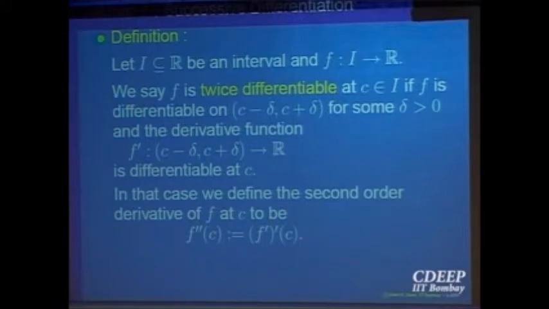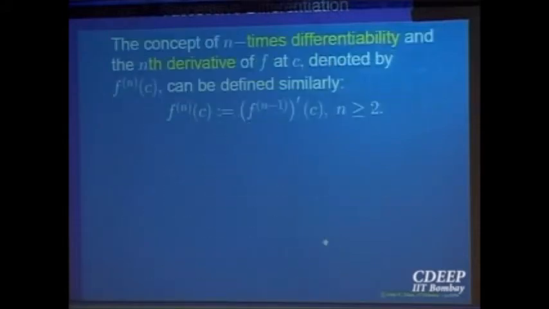So the only caution is that f prime should be defined in a neighborhood of C to be twice differentiable at the point C. This is denoted by either f double dash or d square f by dx square, and you can define n times differentiability. If the (n minus 1)th derivative exists in a neighborhood of C and is differentiable, then the derivative of the (n minus 1)th derivative is called the nth derivative, denoted by f superscript (n) of C.